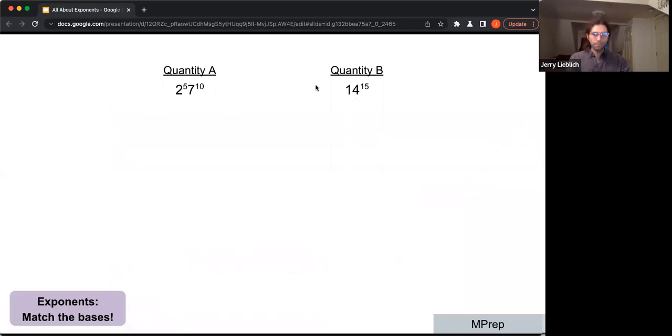To compare them, I need to match the bases. Just looking at this, I couldn't tell you which one is bigger. So I want to get this to look like this. To do that, well, I'm lucky. 14 breaks down into 2 and 7. So I can just break this up as 2 times 7 to the 15th.